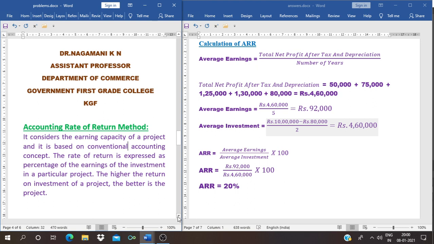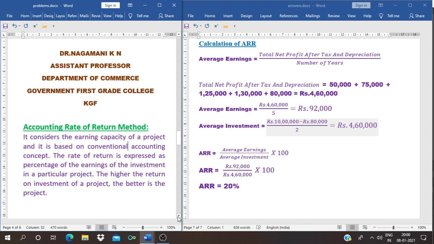Then in the PBP, what type of profit were we taking? Net profit before depreciation and after tax. That is for the PBP.